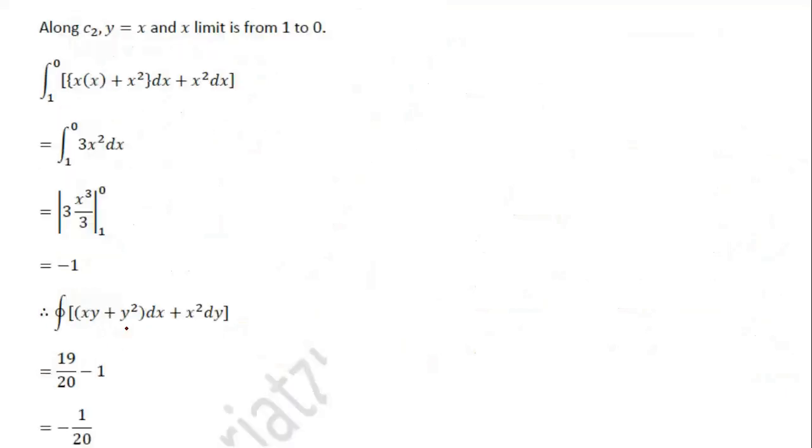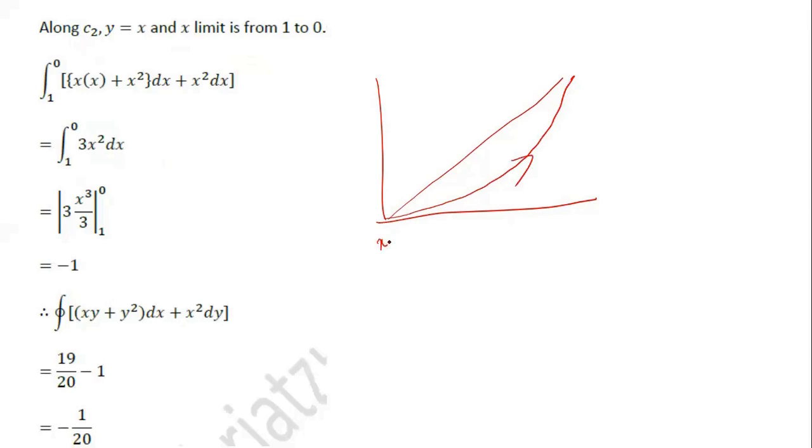Now the second curve is, as I was just explaining here, we are going from x equal to 0 to x equal to 1 along this curve C1 to this point, and to travel back in the counterclockwise direction, we have to move from x equal to 1 to x equal to 0.